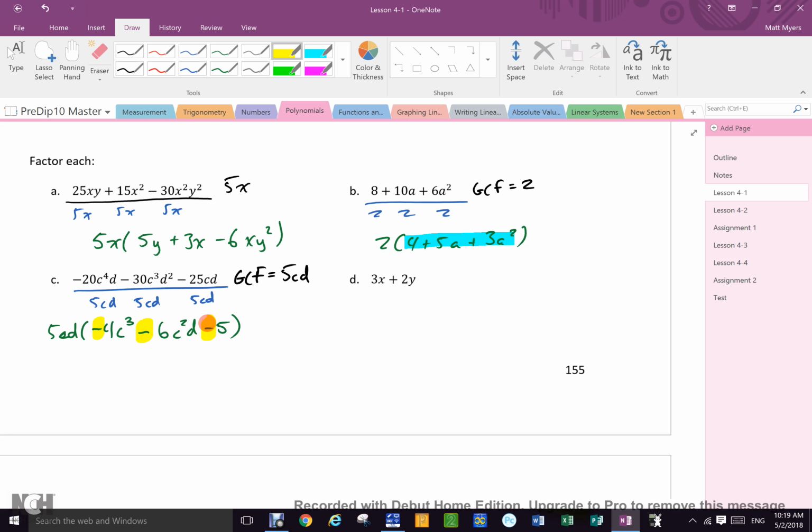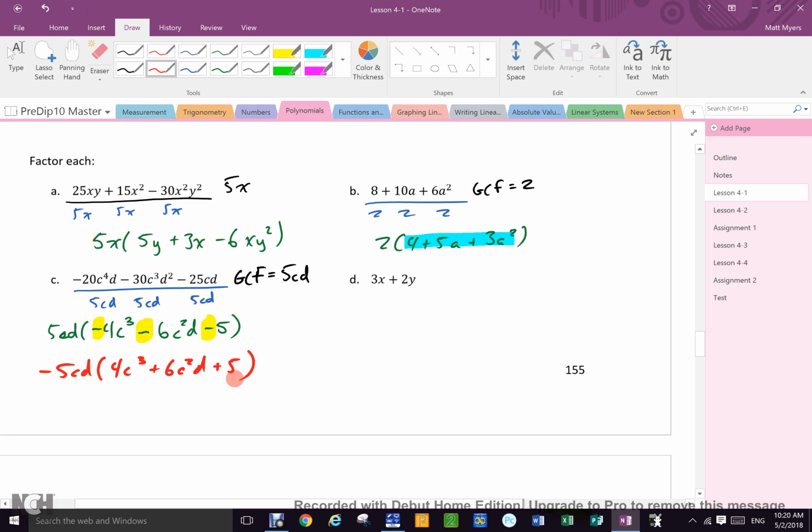So that is a convention of factoring: not only do you remove the greatest common factor, if it behooves you, meaning it will help you with further simplification, you are allowed to remove a negative as well. So this is also acceptably written as negative 5CD, 4C cubed plus 6C squared D plus 5.